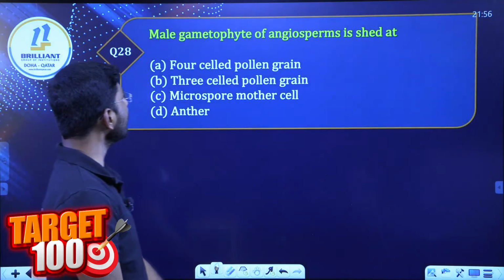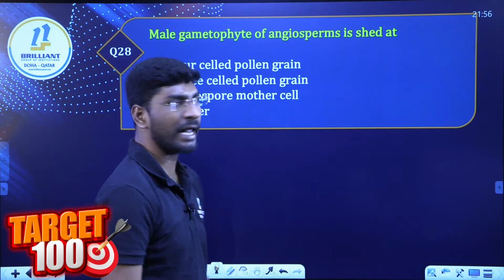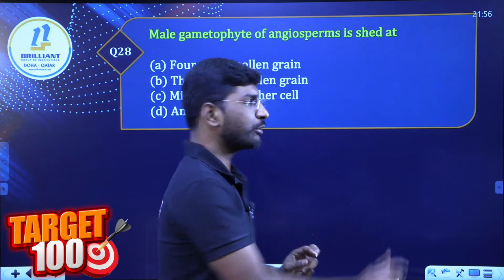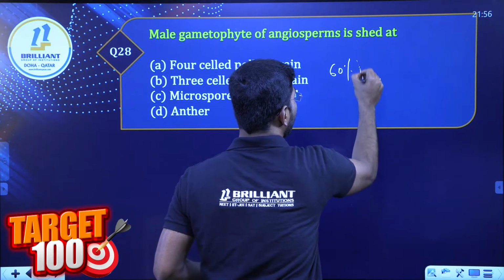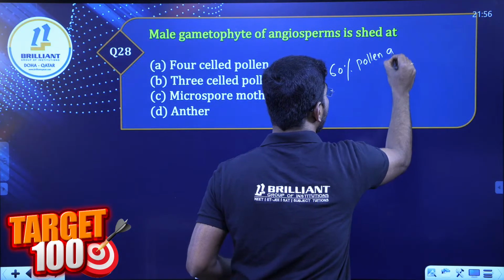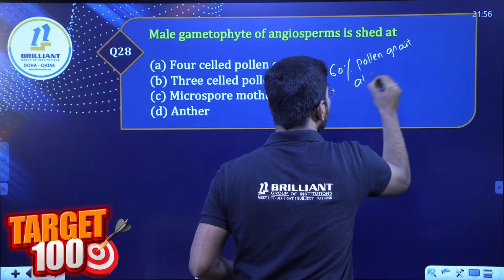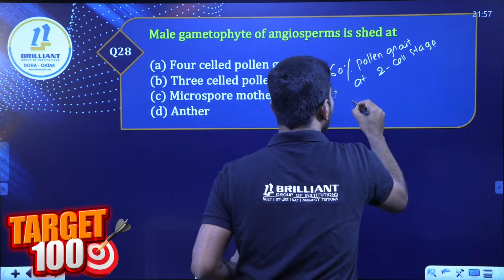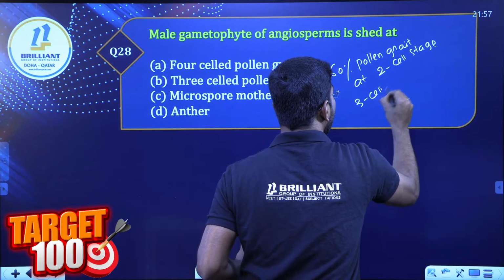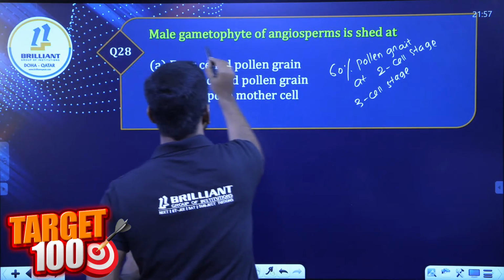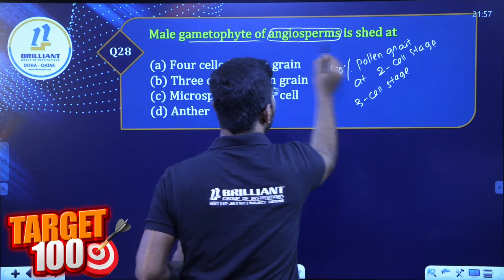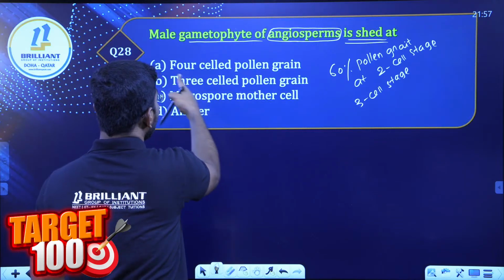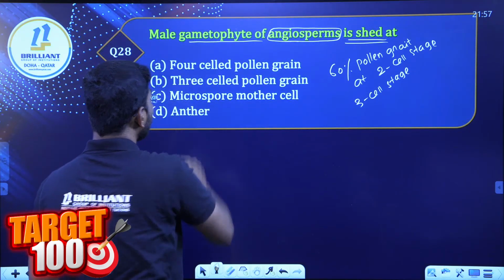28th question. The male gametophyte of angiosperm is shed at. Two things you should remember here: 60% of pollen grains are shed at the 2 cell stage, and the rest of the plants at the 3 cell stage. But here it is asked, almost the majority of them are shed at, tell me, 3 cell stage, 4 cell stage, microspore mother cell, anther.